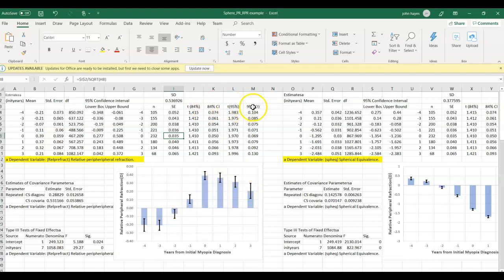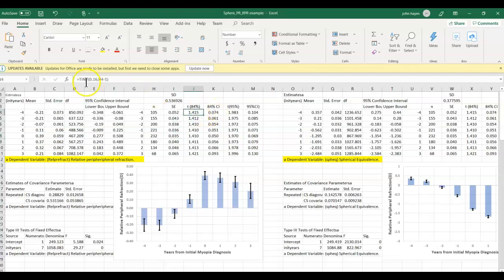The 95% confidence interval is too conservative. It will overlap when things are significantly different. And if you plot the mean plus or minus 1 standard error, that's a 68% confidence interval, and that's too liberal. It will not overlap when the differences are in fact not significant. So the 84% is just right, and that's the one I like to use.